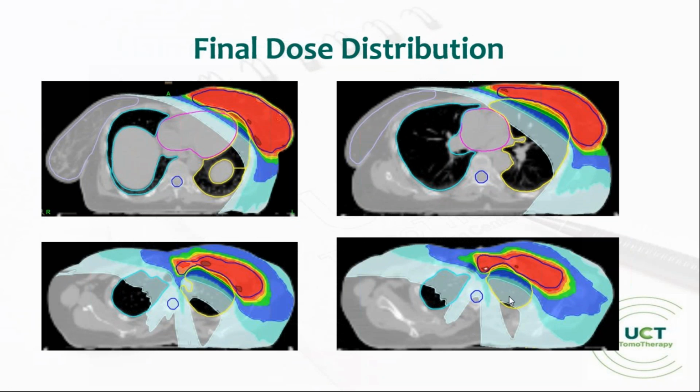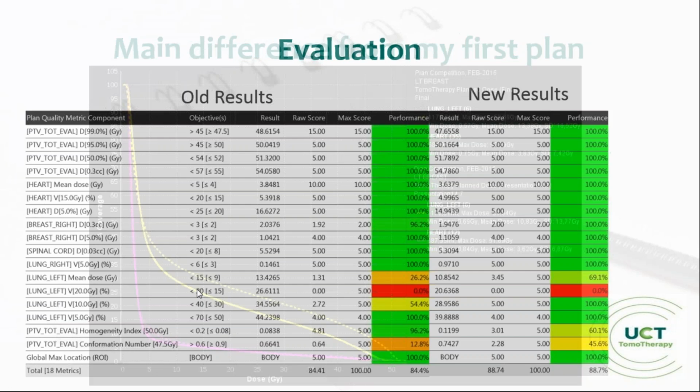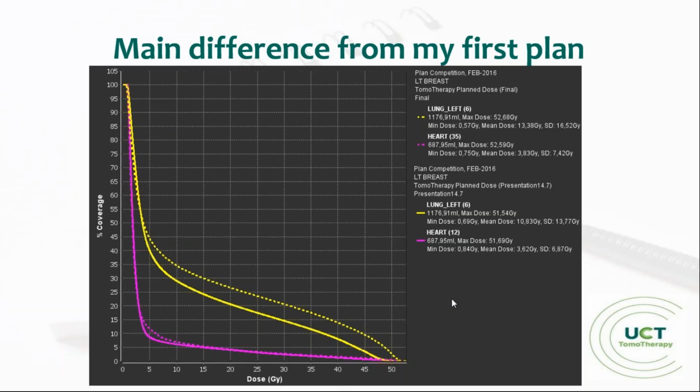So these are histograms from my first plan and from my new plan. Here you can see that this is my first plan, and this is my new plan, solid line new plan, and this is the table of my results.